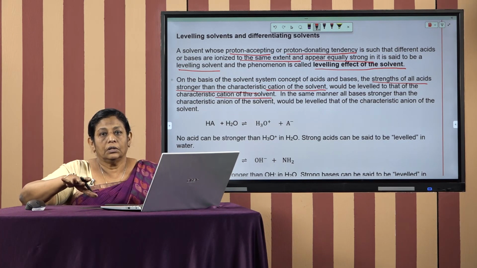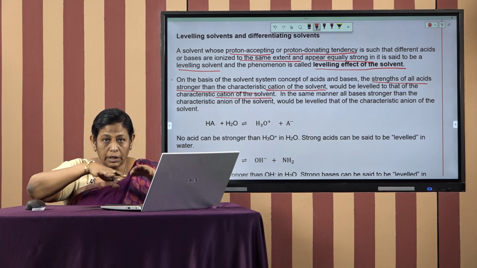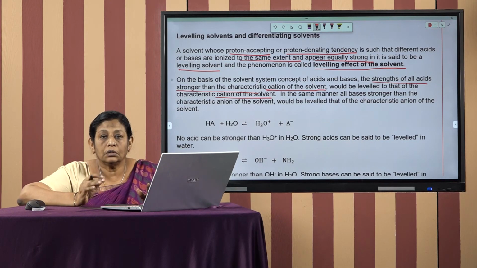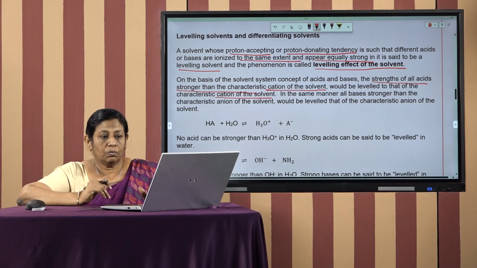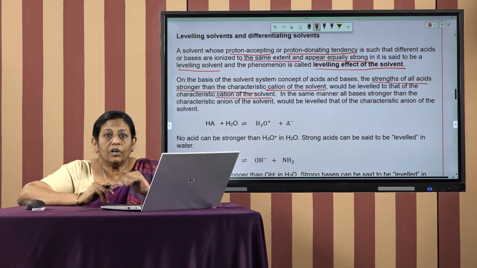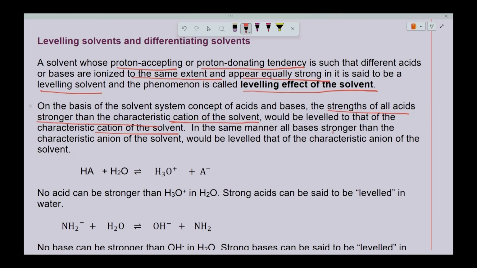They cannot show more. They have to be leveled to the solvent cation. That is known as the leveling effect. In the same manner, bases stronger than the characteristic anion of the solvent will be leveled to the characteristic anion of the solvent.